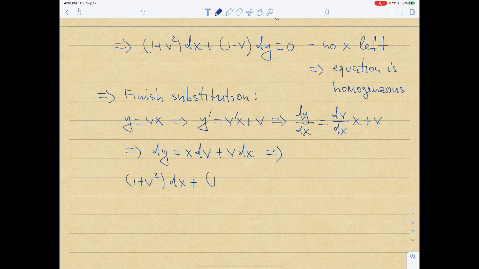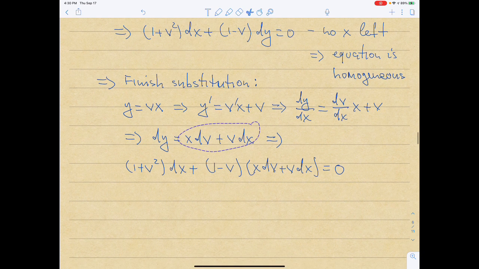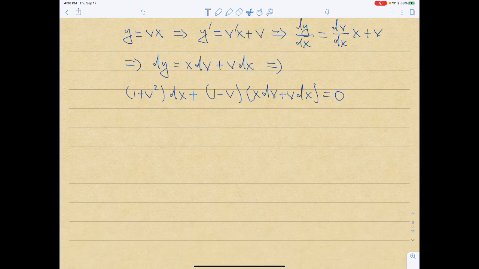And so now if I sub this into the equation, I will have (1 plus v squared) times dx plus (1 minus v) times dy, where dy is x dv plus v dx, and the whole thing is equal to 0. So I took this equation that we already established and I replaced dy by this. So what does this give me?